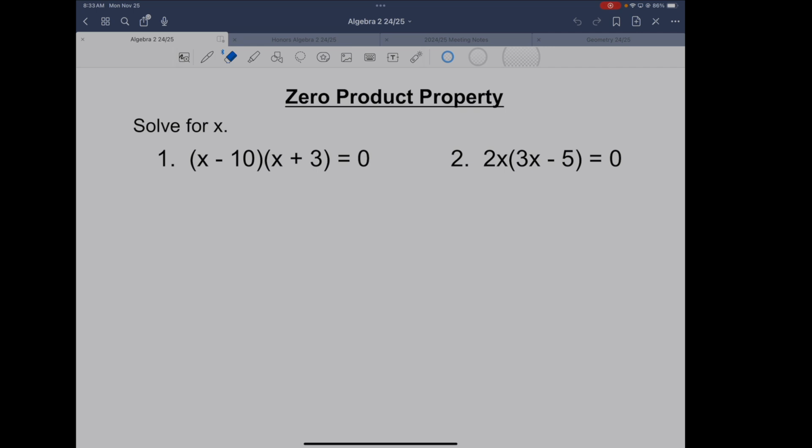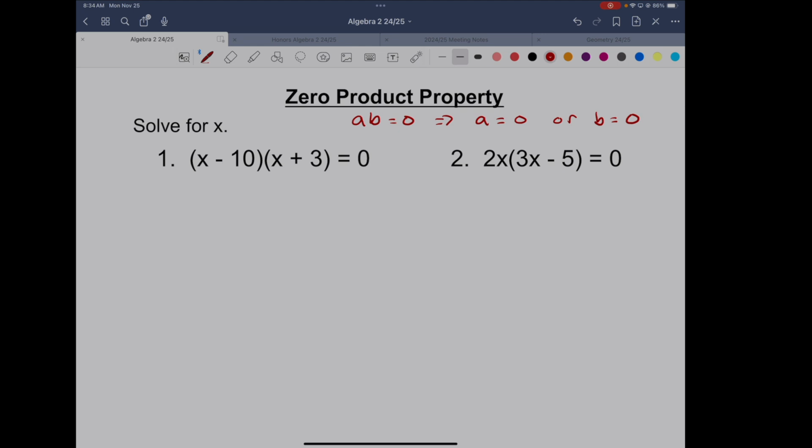Essentially, by definition, the zero product property says if you have A times B equal to 0, so (x minus 10) times (x plus 3) equals 0, then either A has to equal 0 or B has to be 0. One of those two things has to happen.